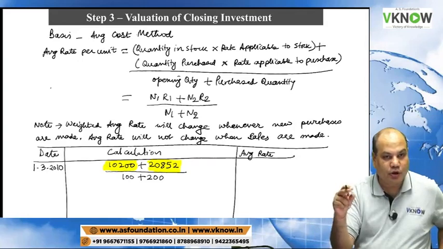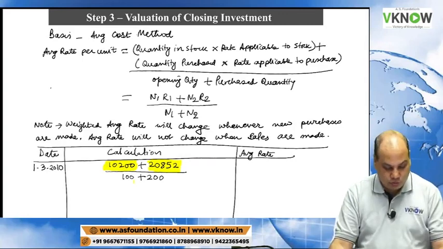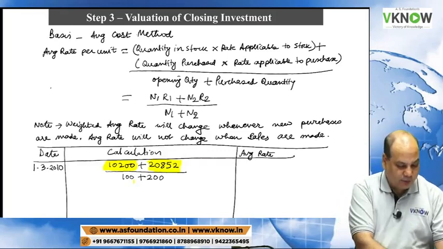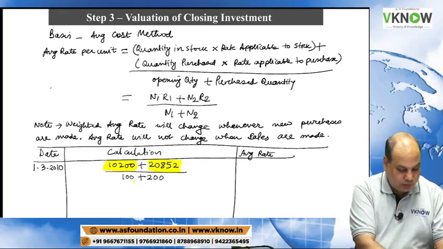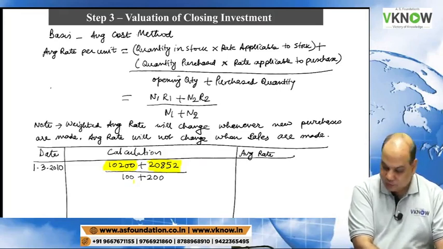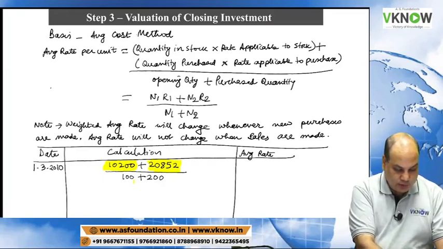20,852 is the product of quantity and rate both. In the denominator we have 100 plus 200. So take your calculator and find out the average rate. When you made a purchase, your average rate will be 10,200 plus 20,852 divided by 300 quantity.